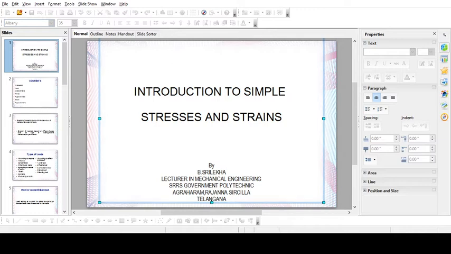So now we are going to the second chapter of strength of materials for diploma students of Telangana, that is simple stresses and strains. Actually this is the first chapter of strength of materials.